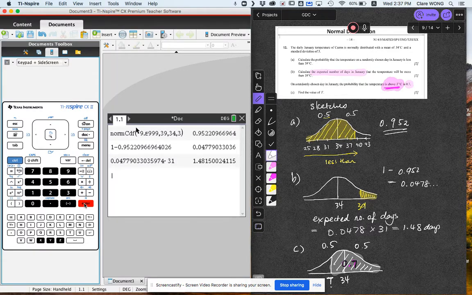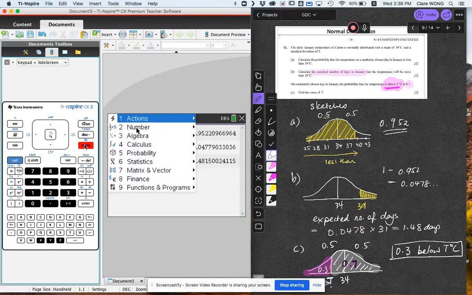But your calculator cannot figure it out this way. Things that are from the right-hand side, it has to be going from the left, coming up from the left. So what you have to do is to figure out this, and it is 0.3. So you're working out from the left to the temperature. Instead of above T Celsius, it is below T Celsius. So you interpret it as 0.3. The probability is 0.3 below this to help yourself out to answer this question.